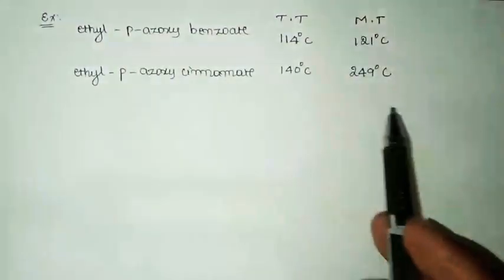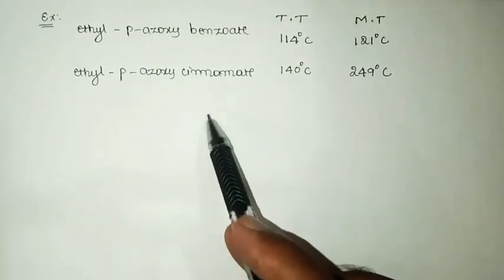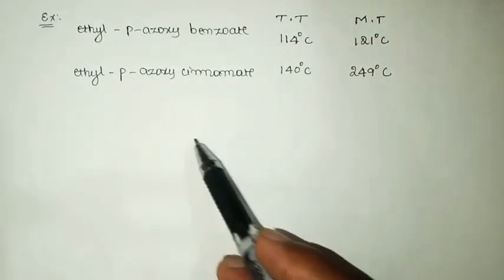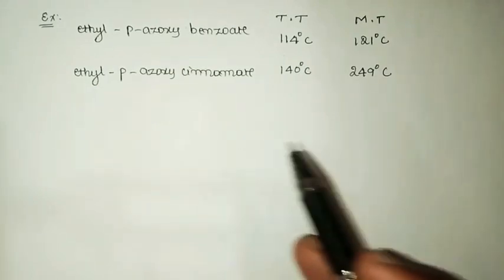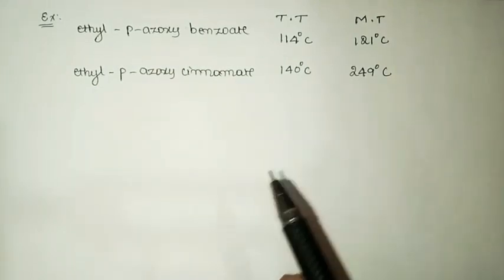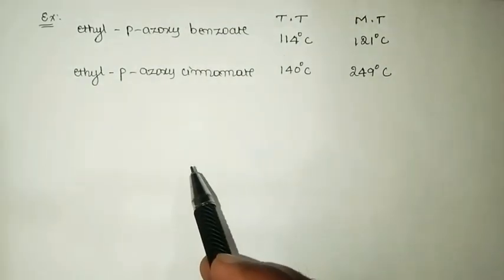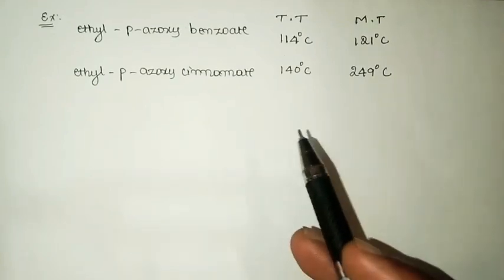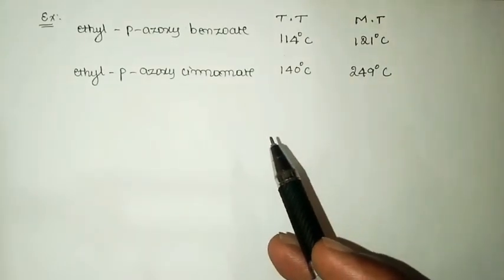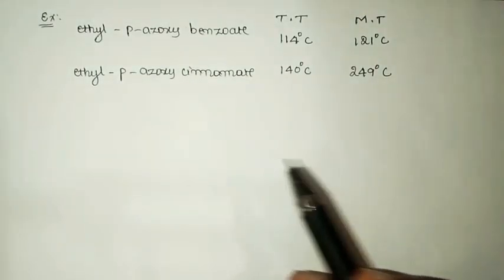So these are two examples of smectic liquid crystals. They are used in electro-optical devices and in ferroelectric LCDs, liquid crystal displays.